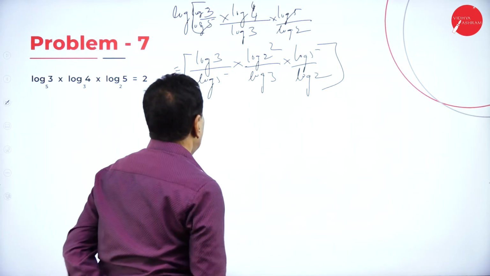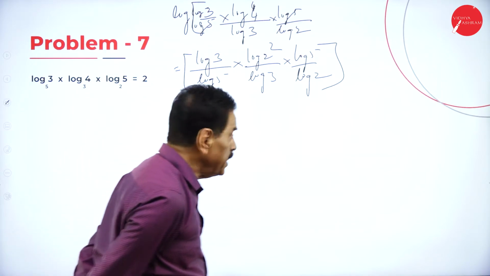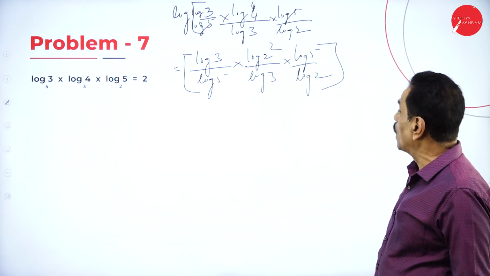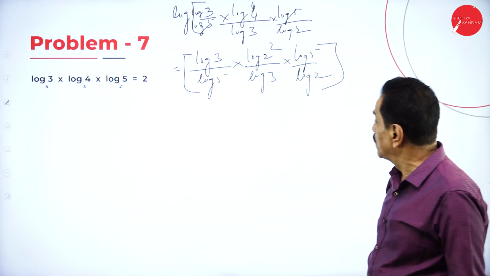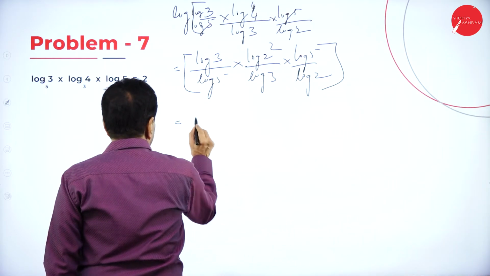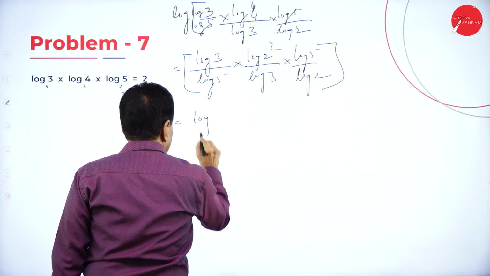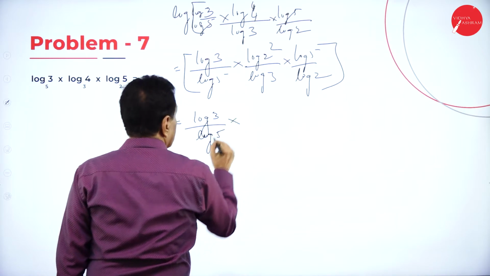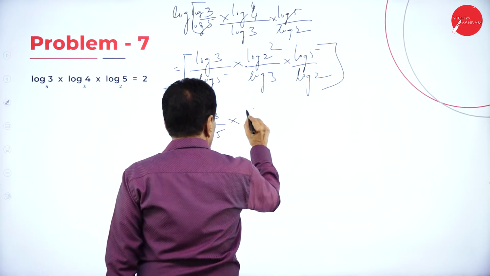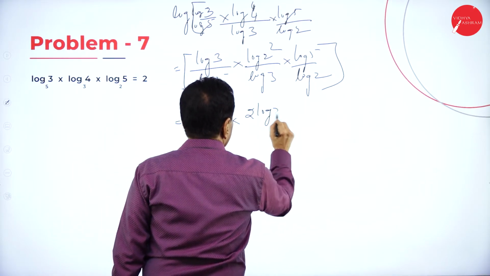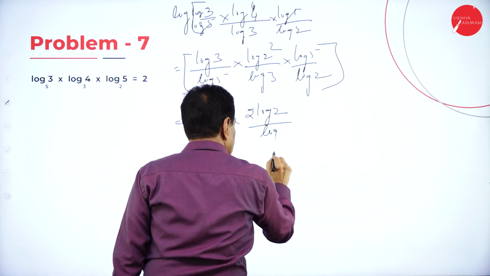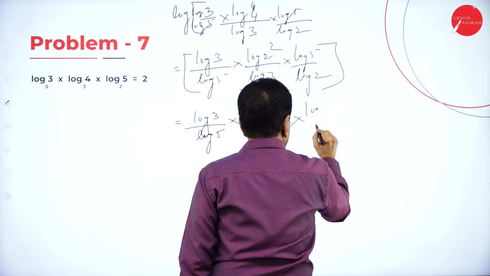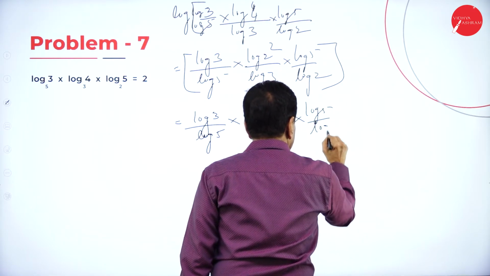I have written log 3 divided by log 5, log 2 square divided by log 3, log 5 divided by log 2. Then this can be written as log 3 divided by log 5 into 2 log 2 divided by log 3 into log 5 divided by log 2.